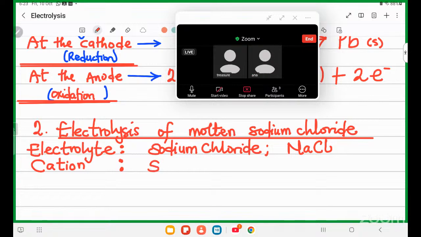Sodium ion. What is the formula for sodium ion? Na what? Positive. That's it. Sodium ion. That's the cation. Then what would be the anion? Somebody should tell us quickly. If sodium ion is the cation, what would be the anion?